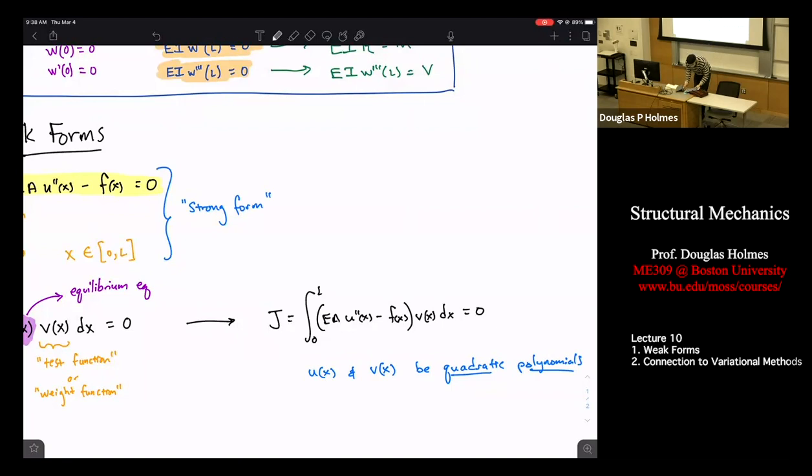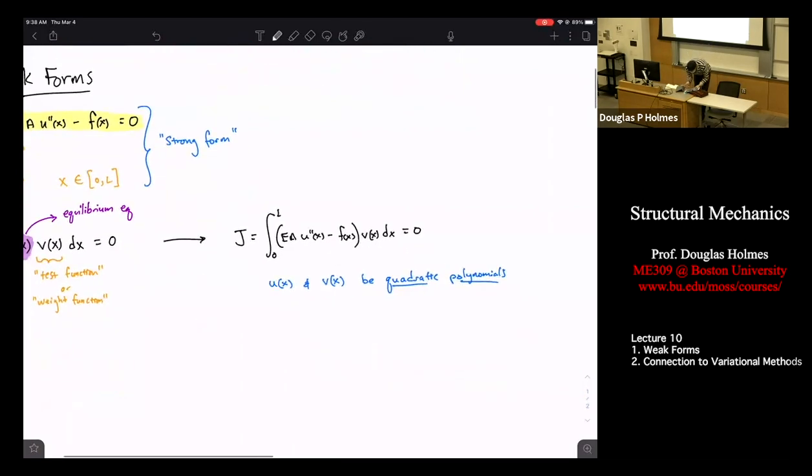So what does that mean? It would look like this. We'll say that u of x is equal to a0 plus a1 times x plus a2 times x squared. And v of x we'll give it b.